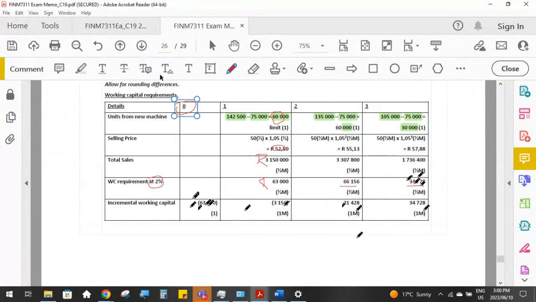Do you understand the timing that we have for this working capital? Remember, at time 0, because at the beginning, that's got to happen at the beginning of year 1, the 63,000 must be paid out. And the beginning of a project is always time 0.